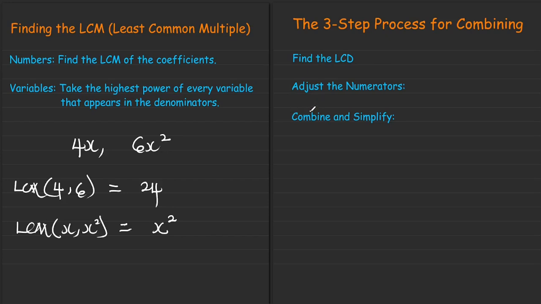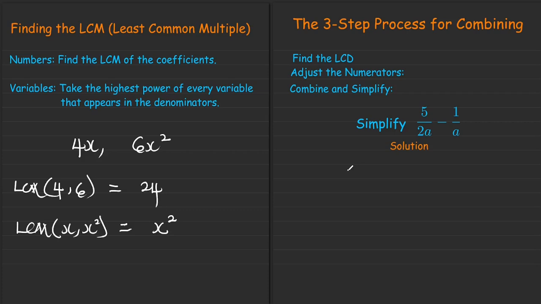Let's take some examples so we see how these steps are used. For our first question, it says 5 over 2a, then minus 1 over a. How do we go about it?